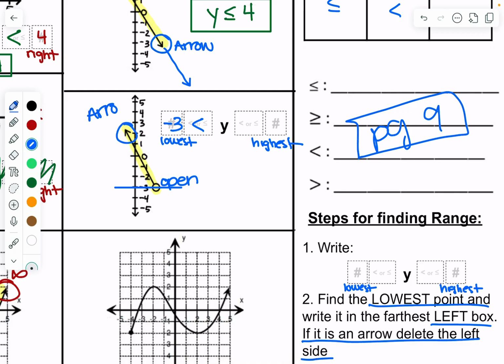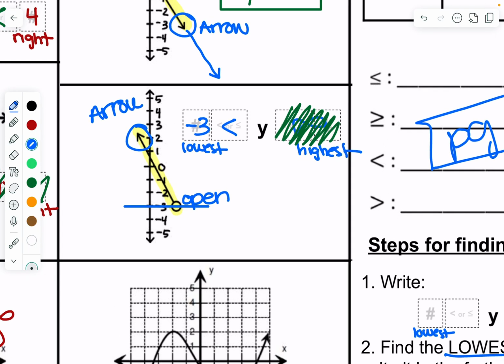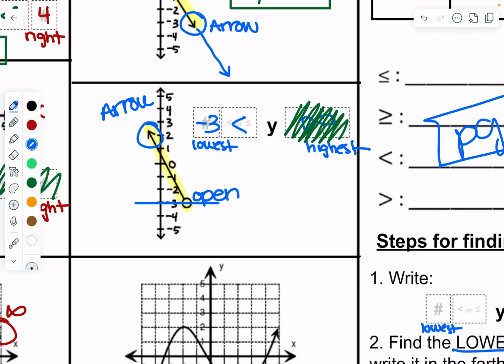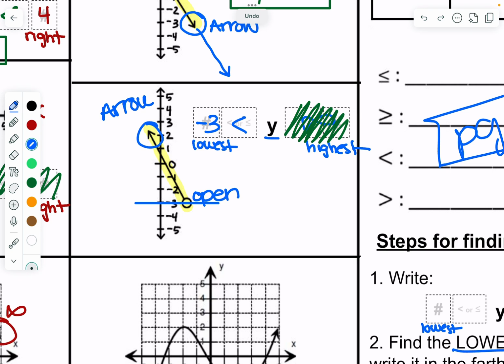If it's pointing up, it's positive infinity, so infinity. And since it's infinity, I can just delete the side. I don't need it. So now we have to rewrite this because my y needs to be in front. So I have y, and remember the symbol's eating the y, so it's going to continue to eat the y. So we're just going to flip it around: y greater than -3. That is my final answer.